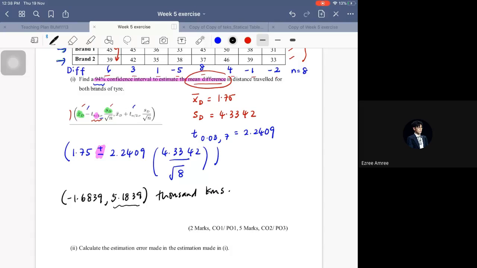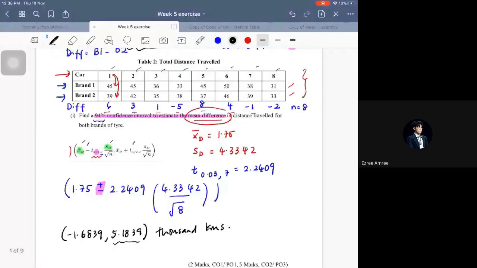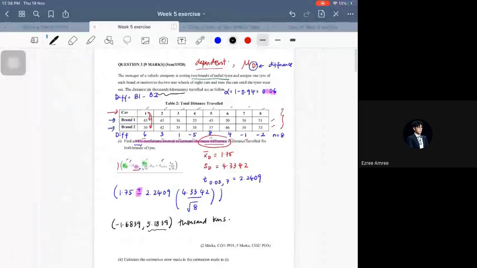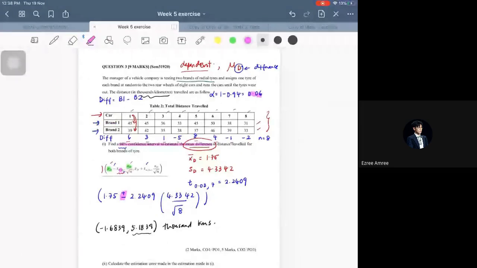This 5 is not 5 kilometers, but 5,000 kilometers, so it would be a wrong interpretation, because the question already mentions it. The numbers over here are in 1,000 kilometers. So this 45 is not 45 km, but in fact 45,000 kilometers. So you have to use the correct unit for it.